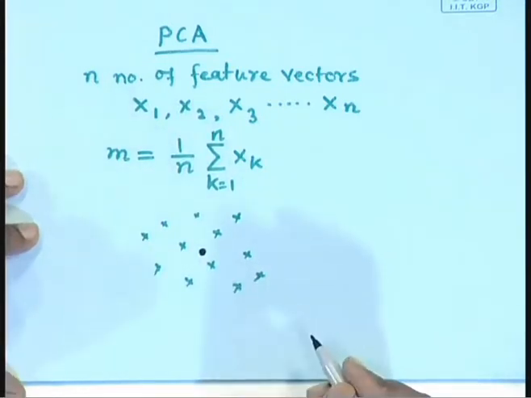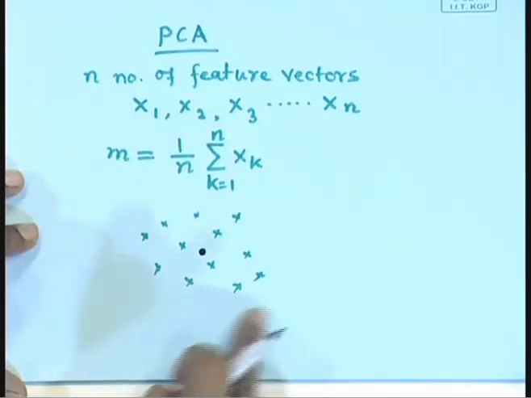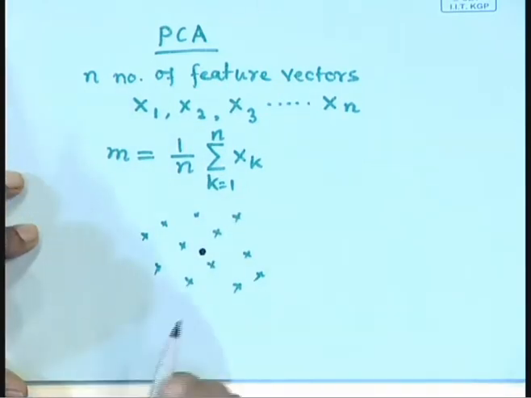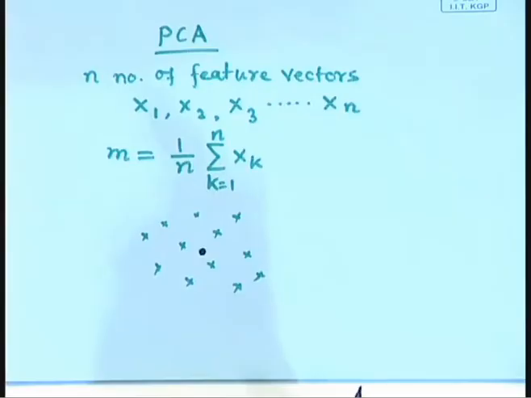So, if I want to represent these d dimensional feature vectors by a one dimensional feature vector, that means I have to represent these feature vectors somehow onto a line. The d-dimensional feature vectors somehow will be mapped to different points on a line, right.